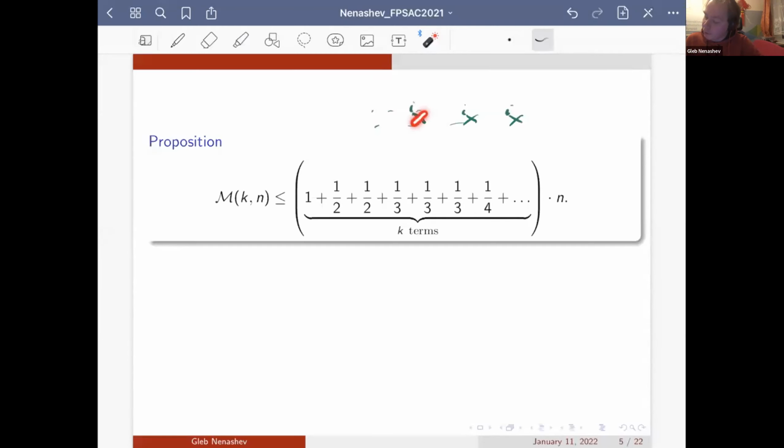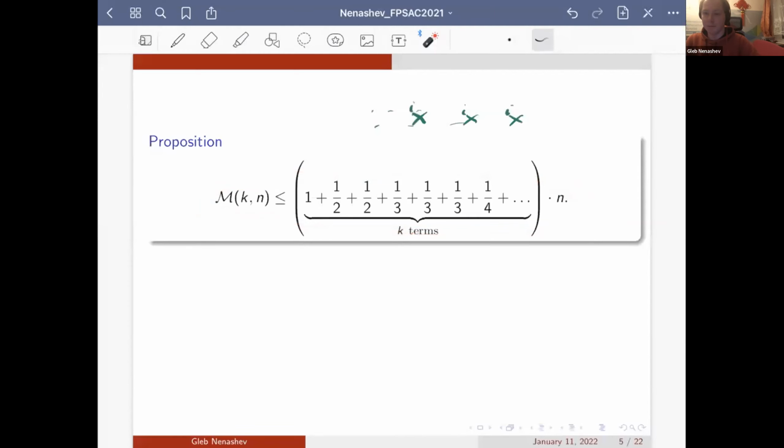If here we have yi plus 1, we add 1 to the sum of the top k y's. But we cannot have i plus 1 here, i plus 1 here, i plus 1 here. So in the best case, we have i plus 1 here, i plus 2 here, and i plus 3 here. And if you do this carefully, you will get this bound.